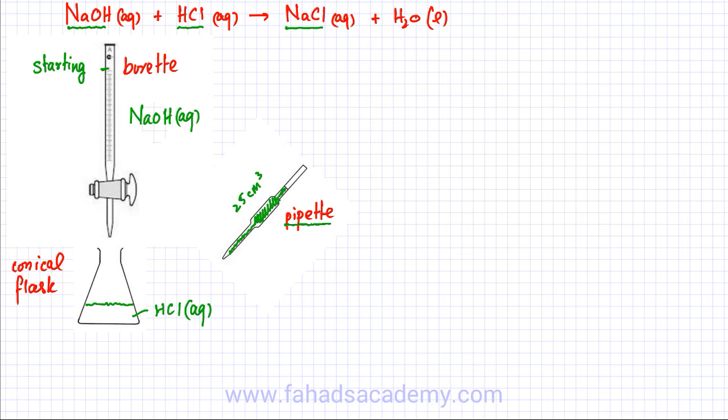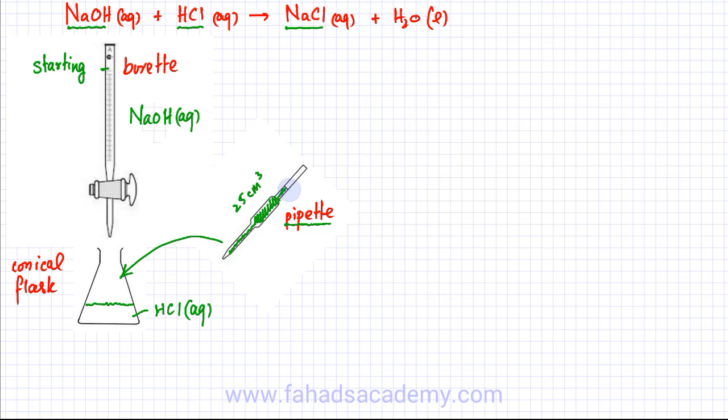There's a suction device at the top, which is going to suck the HCl liquid out of the container, and you use it as a dropper and place this HCl in this conical flask. You can Google videos about how a pipette works, and you'll realize that it's simply a device for transferring a liquid from one container to another, and it's very exact, very accurate.